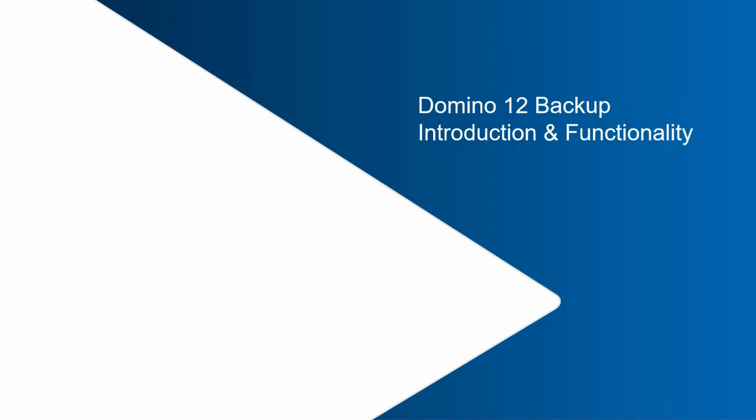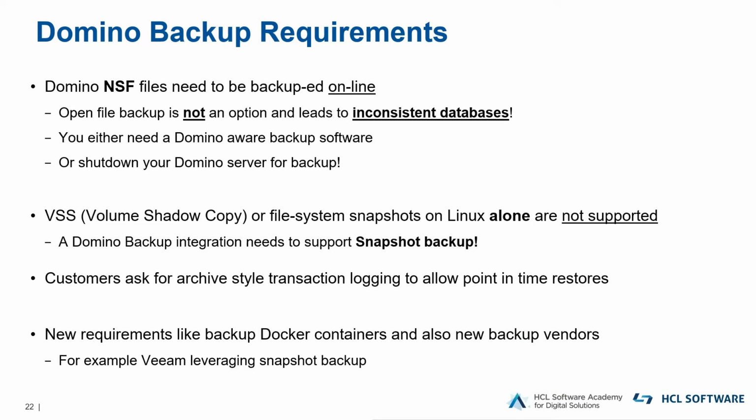I find it important to provide this information, because it's not just all about backup. We want to look into it with a consolidated view, and it's always important to have all the different components checked first. Okay, the Domino 12 backup functionality. This is the main part of our presentation. That's why we're here.